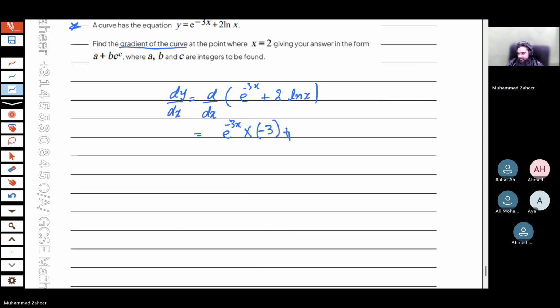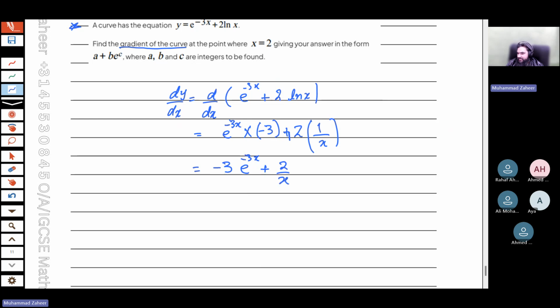Then the derivative of natural log of x is 1 over x, multiplied by the derivative of x. So I get minus 3 e power minus 3x plus 2 over x.